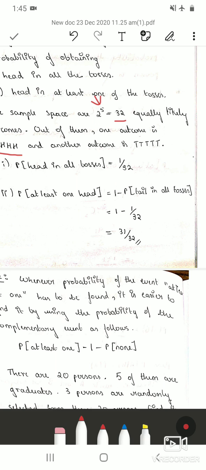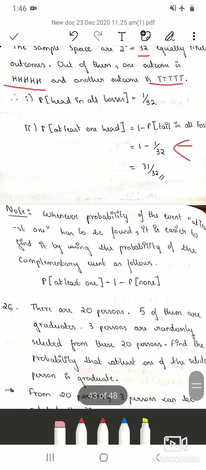So the complement of at least one head would be tail in all tosses. Therefore 1 minus tail in all tosses, the favorable outcome is just 1. Therefore 1 minus 1 by 32, which is 31 by 32. Therefore the probability of getting at least one head is 31 by 32.